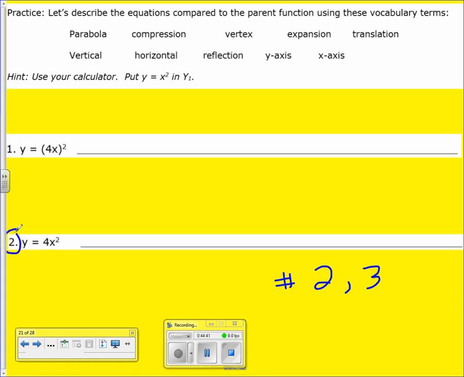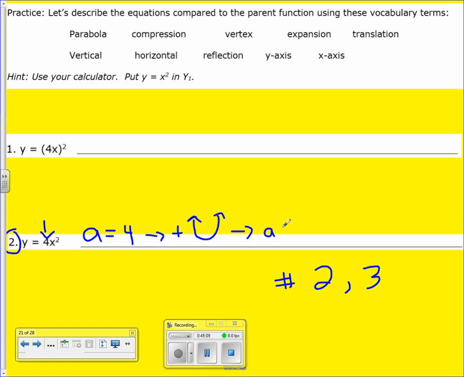So for number 2, I have my a value in front. So I have my a value, which is 4, which is a positive number. So I know that my parabola opens upwards. And also what we learned today, a is greater than 1, right? Because 4 is greater than 1.